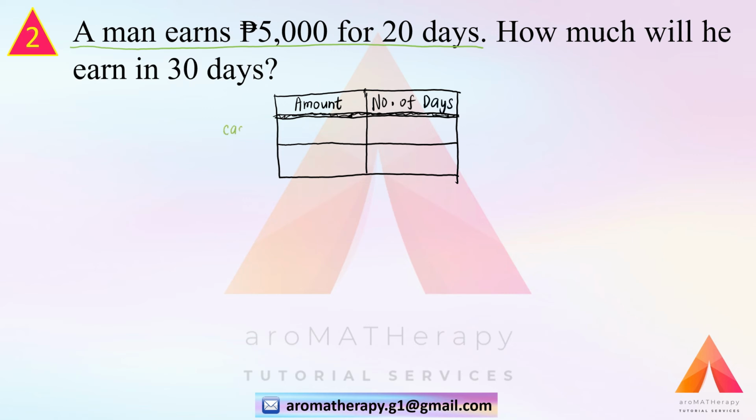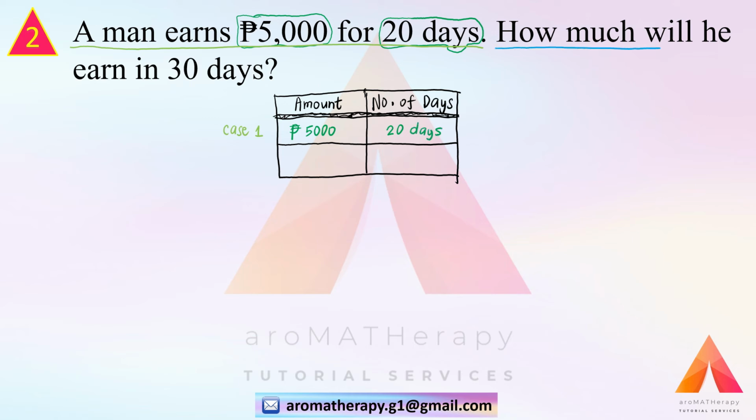This will be our case 1. So what is the amount in case 1? They're given 5,000 pesos. And for the number of days, 20 days. We write 20 days.